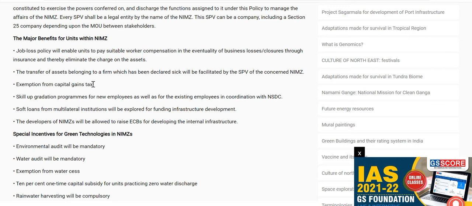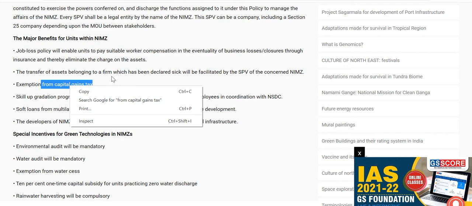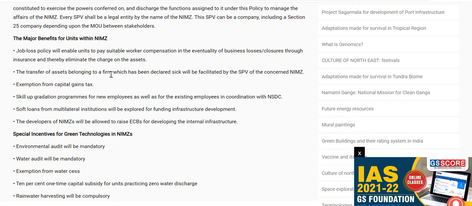Now, there's exemption from the capital gains tax. Capital gains tax is the tax on profits from buying or selling shares of these units. So they would not have to pay tax on their buying and selling of shares.